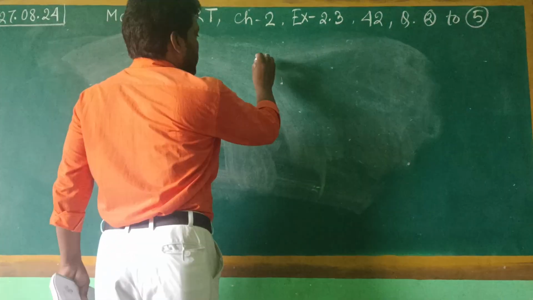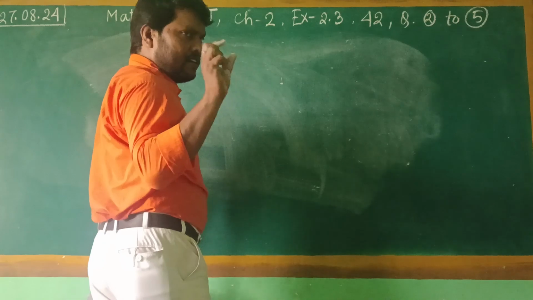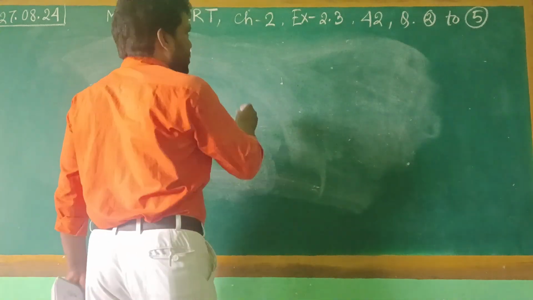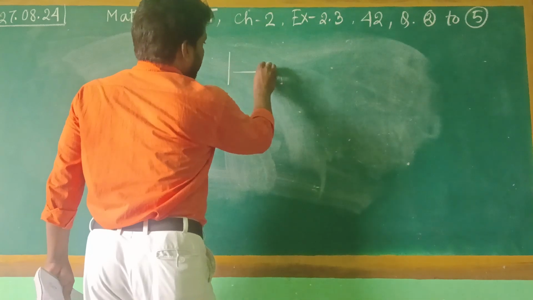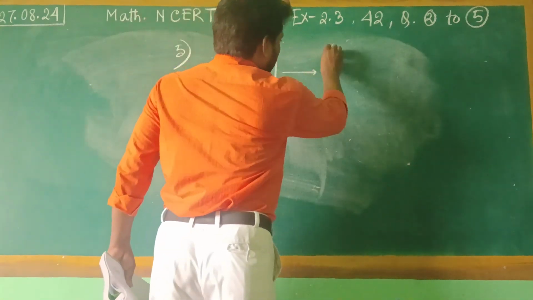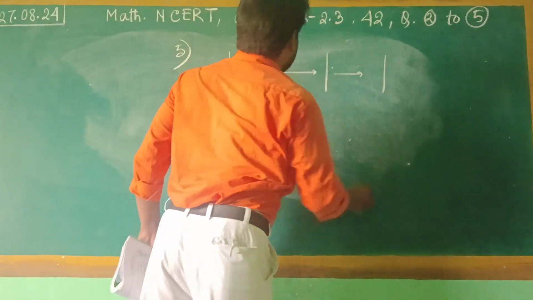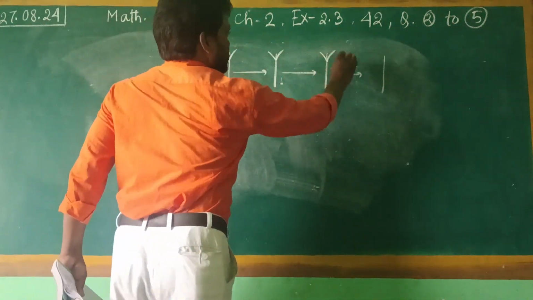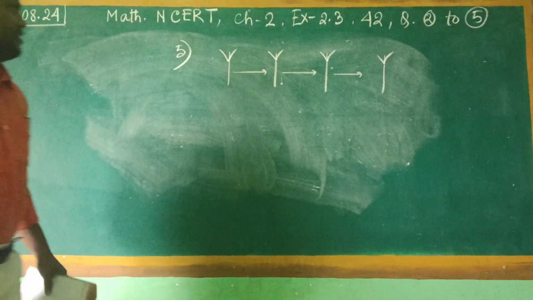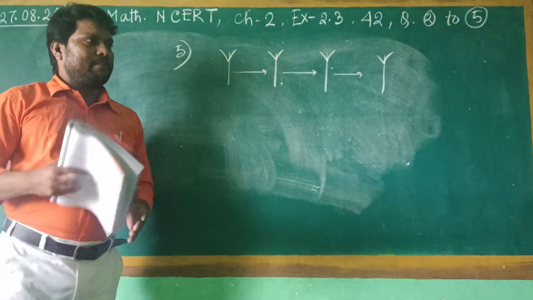Sapling means small plant. Suppose this is one sapling, another sapling, another sapling, another sapling. How many saplings are there? 4 saplings.